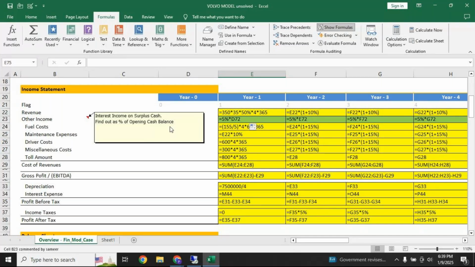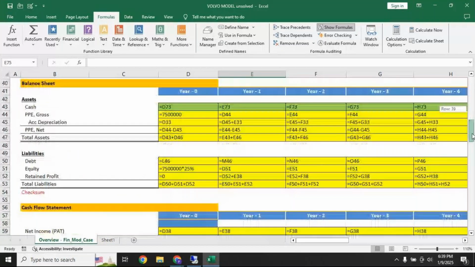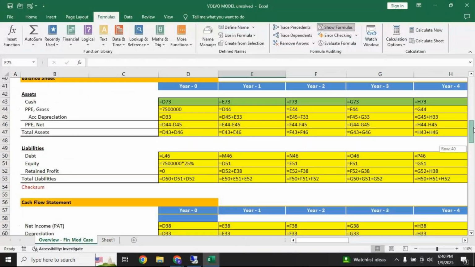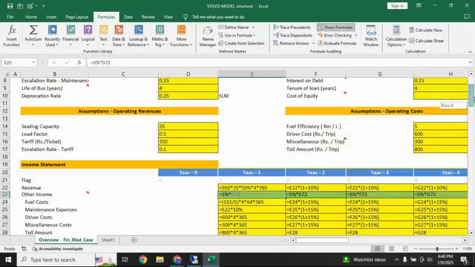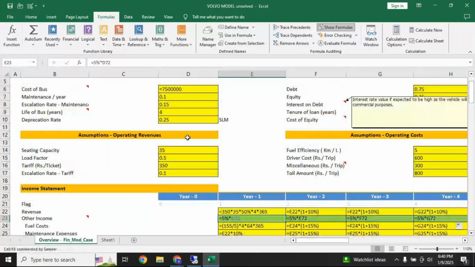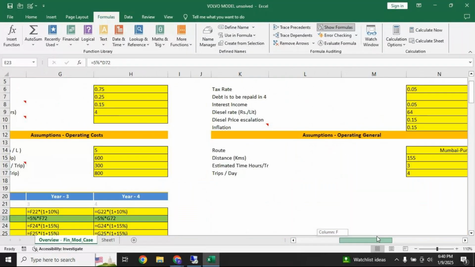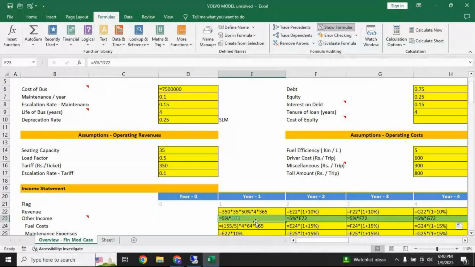I'm going to take the beginning of the period, how much amount I was having, and on that take 5%. That is the interest income on the surplus cash, and that will be my other income.